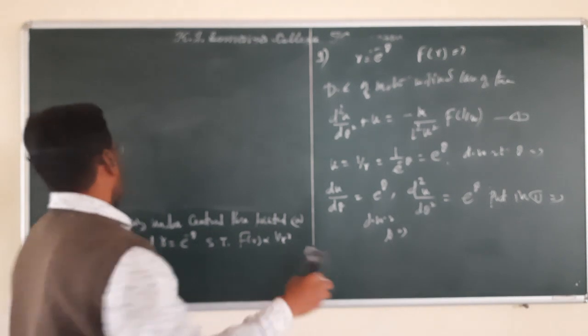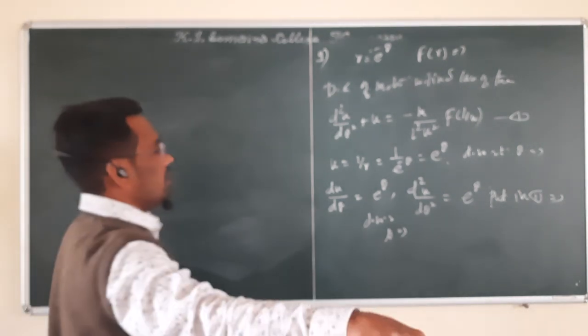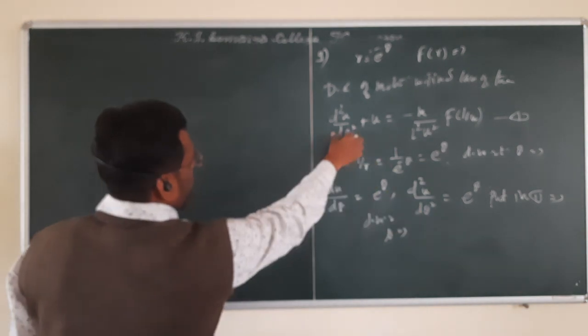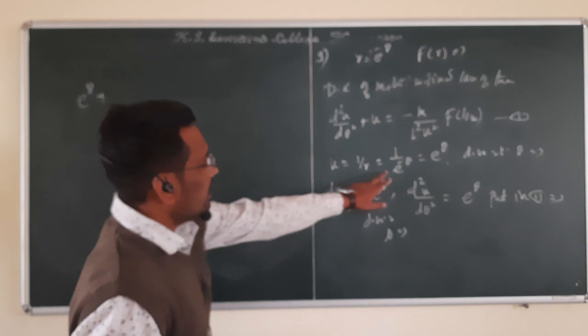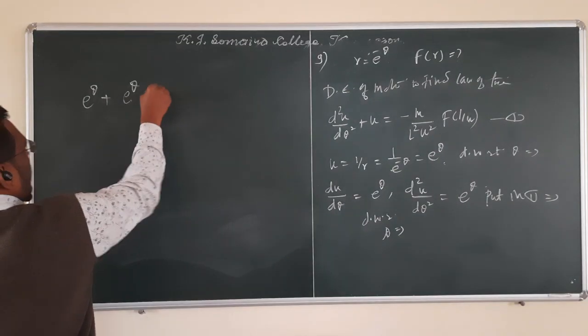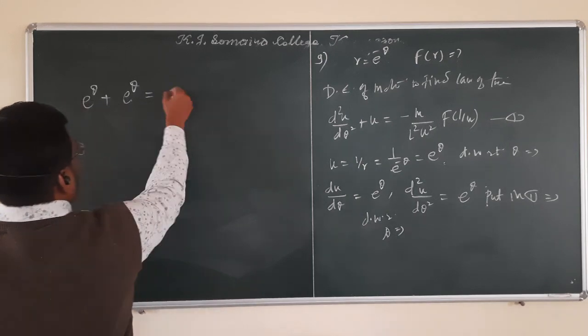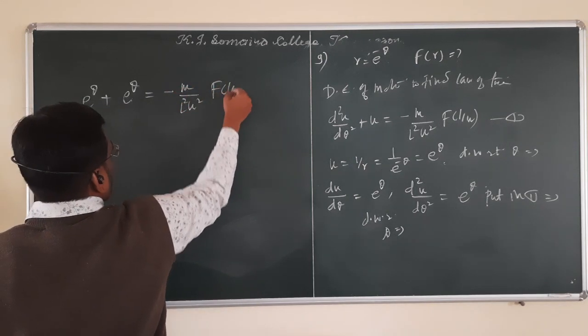If you put this in equation 1, we will get, instead of d2u by d theta square, e raised to theta plus u, and u is again e raised to theta. And this is equal to minus m divided by l square u square f of 1 over u.